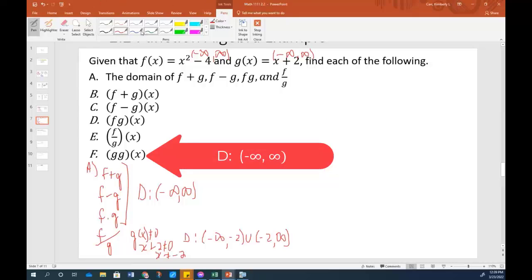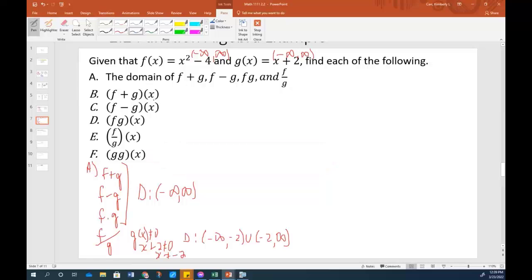All right, now I'm going to switch up colors to have our lines stay straight, and we'll do our other ones. When we add these functions, this means I need to add x squared minus 4 plus x plus 2. So that's going to be x squared plus x, I'm looking at like terms, minus 2, because of my like terms, negative 4 plus 2.